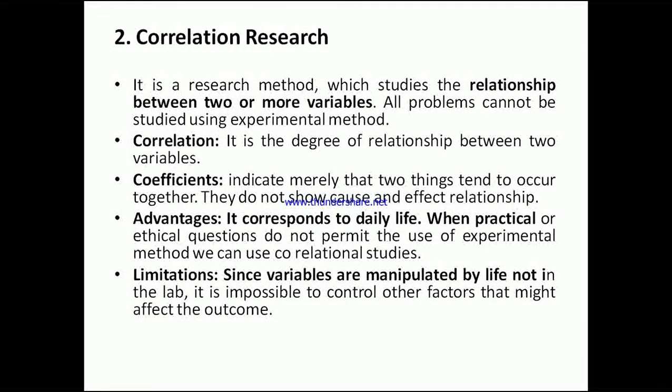Correlation is the research method which studies the relationship between two or more variables. When our goal, or the objective of our title, is to show the relationship between the variables, we use the correlational research method.